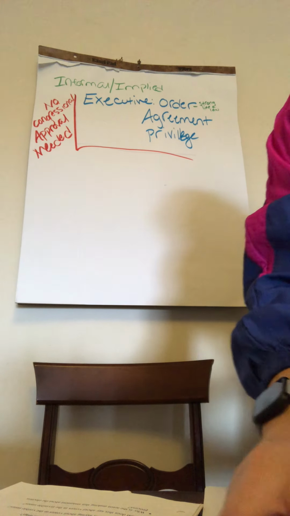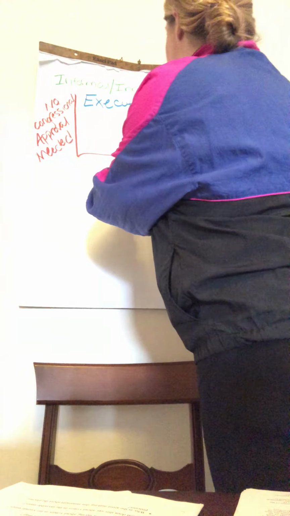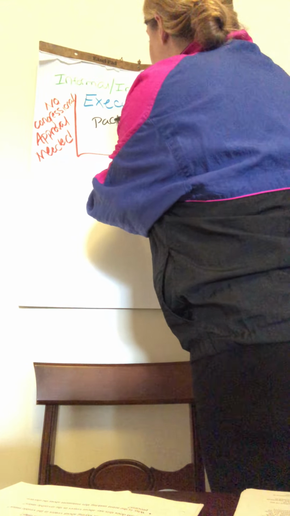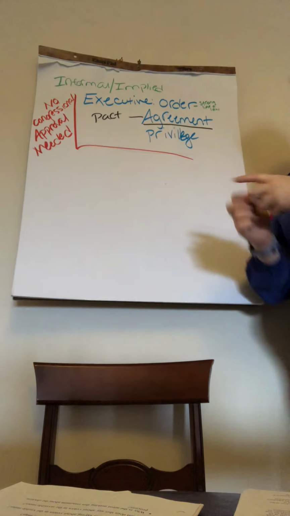Now, executive agreement is something like a purchase or a treaty or a pact with another country or a foreign government. It literally is the word agreement. You create an agreement with another country. And guess what? It is not needed to have congressional approval.